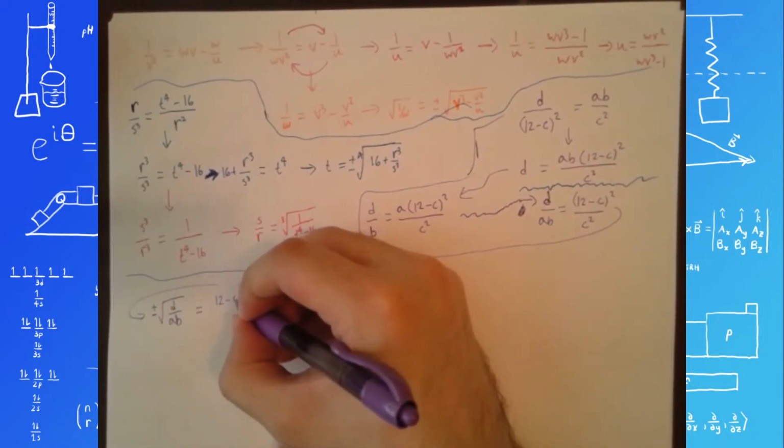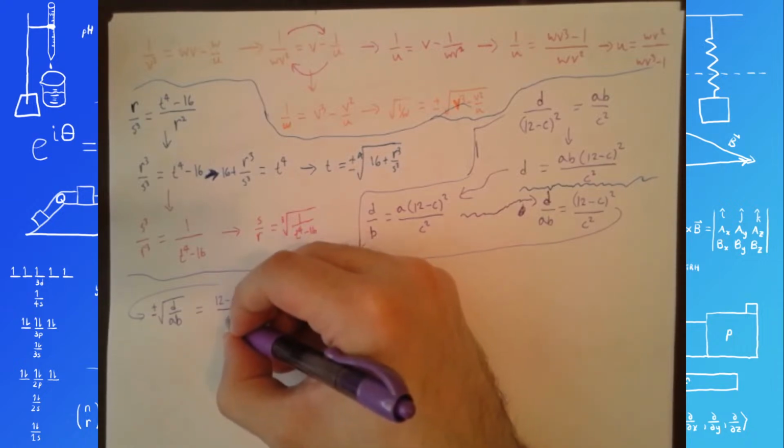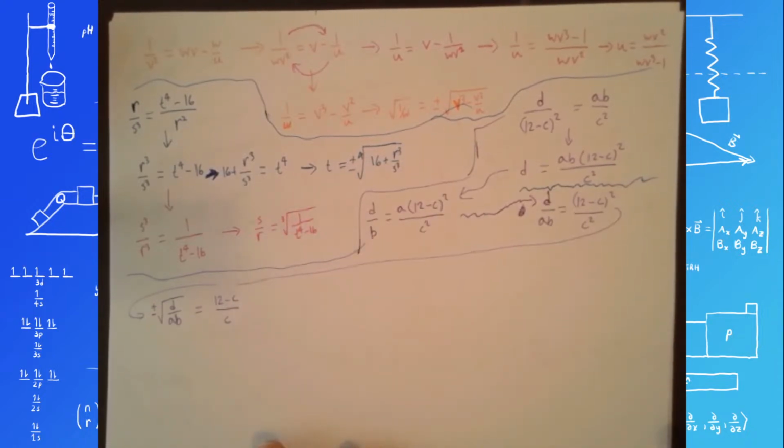Equals 12 minus c over c. Well, I guess it depends on the sign of c what the square root will be, because if c is less than 12, then square root of d over ab would have to be positive.